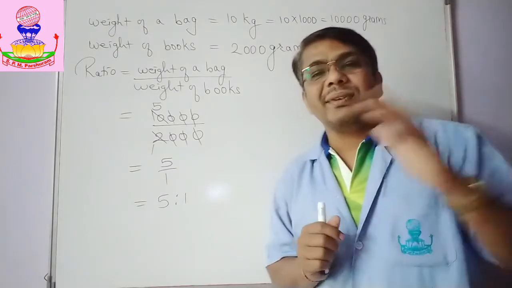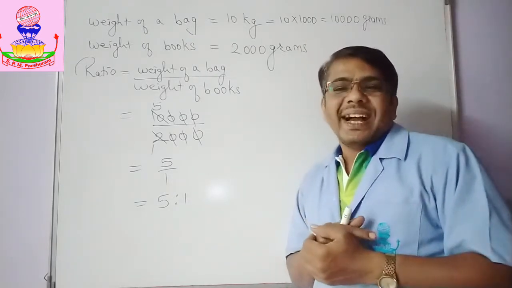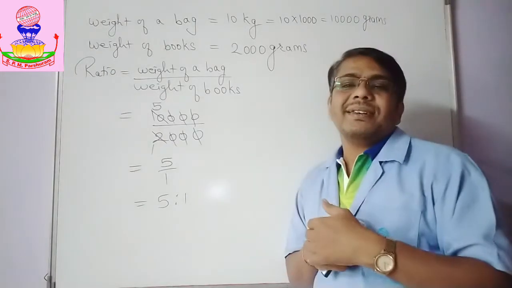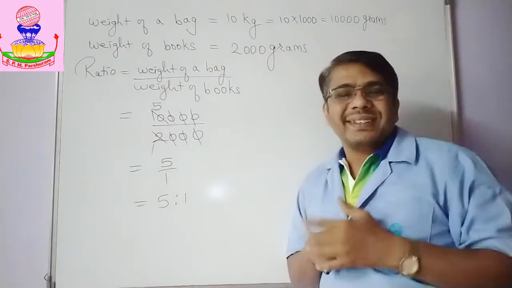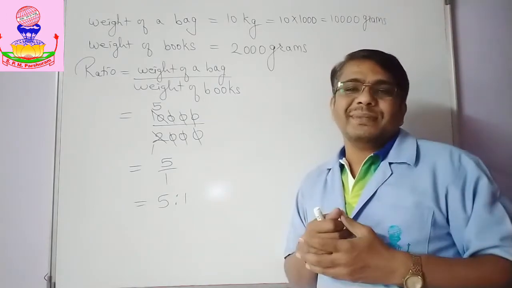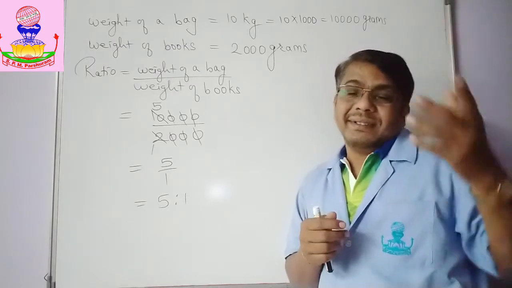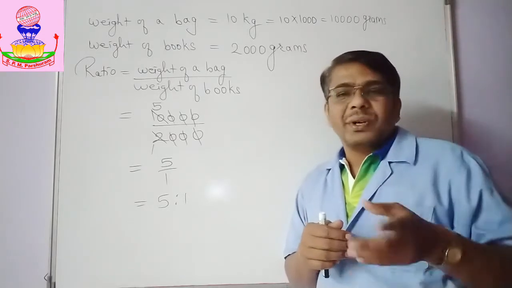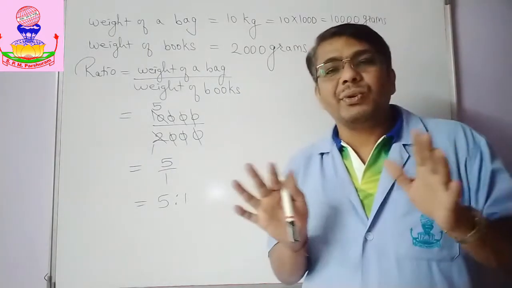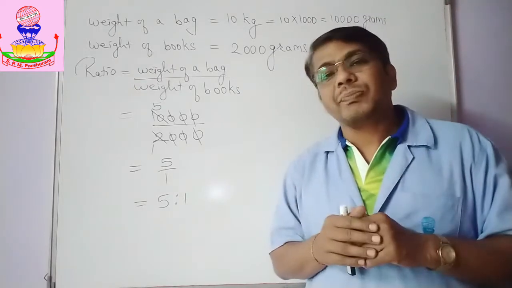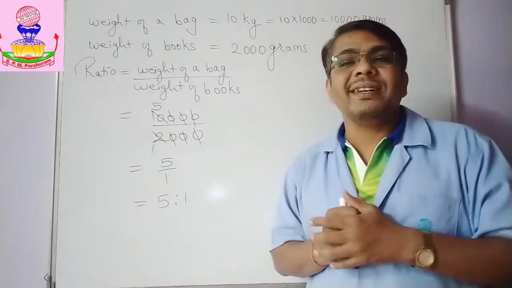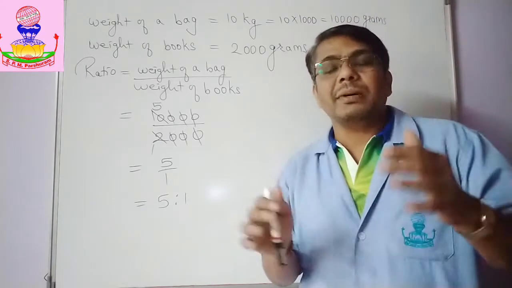I cannot compare weight with speed. I cannot compare mass or weight with height, that is length. Okay, because their units are different. Mass, grams or kilograms, and height, meters, centimeters. Okay, and so it becomes different, and so we cannot find ratios of them. So properties, they should have same units, and secondly, similar properties are to be compared.